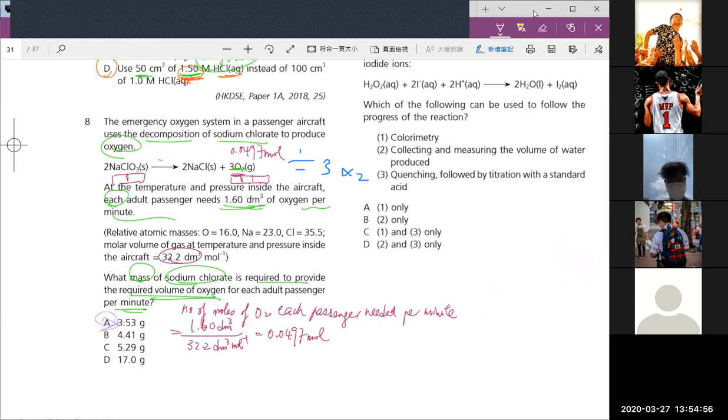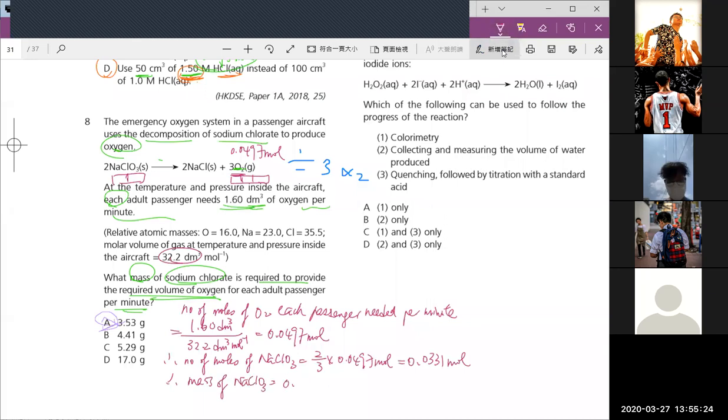So the number of moles of sodium chlorate is what? 2/3 times 0.0497 mole. And here comes 0.0331 mole. And finally, you are going to ask about the mass of sodium chlorate.